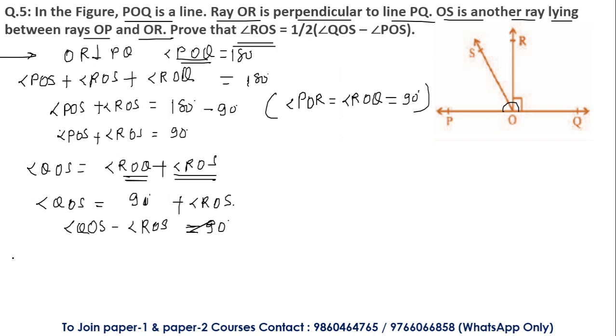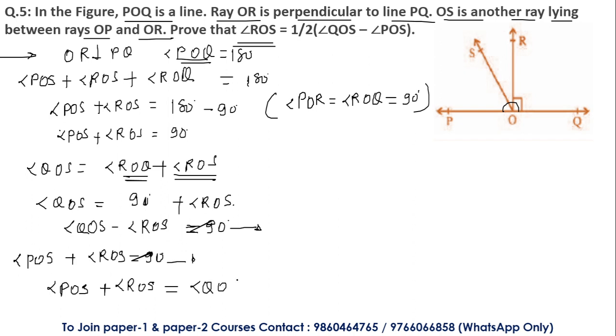As we know at the same time that angle POS plus angle ROS is equal to 90 degrees, and QOS minus ROS is equal to 90 degrees, we can conclude POS plus angle ROS is equal to angle QOS minus angle ROS.